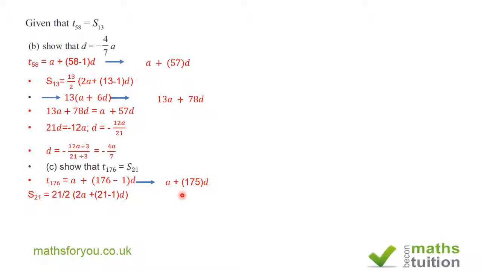For s sub 21, we have 21 over 2 into 2a plus 21 minus 1 d. Now 21 minus 1 is 20. 2 and 20 are multiples of 2, so we can comfortably divide the 2 by 2 and also the 20 by 2, and we end up with 21 into a plus 10d.